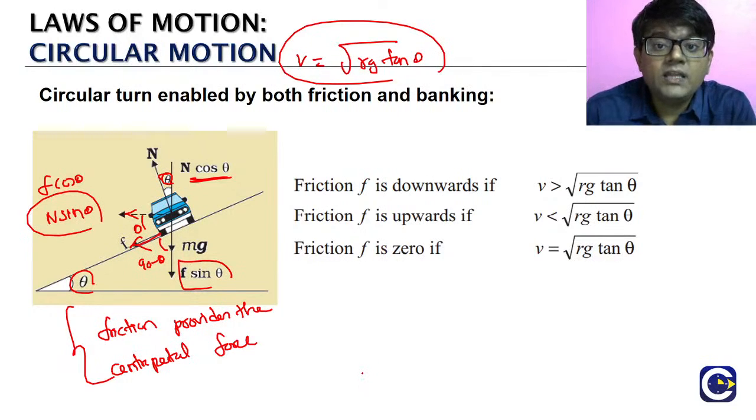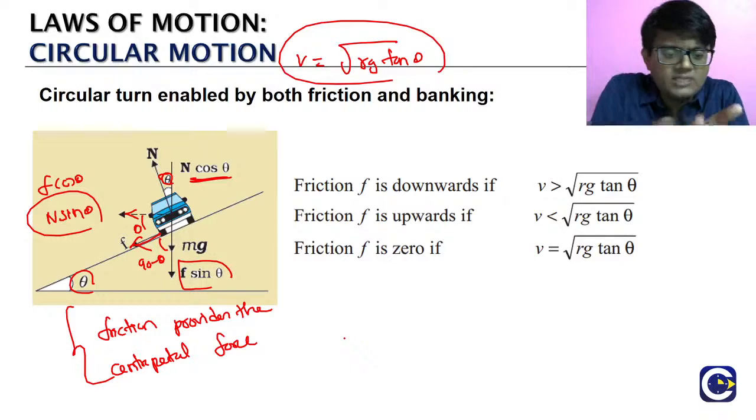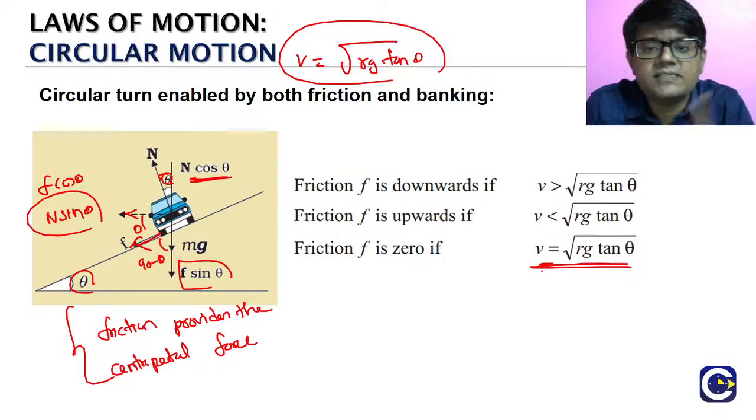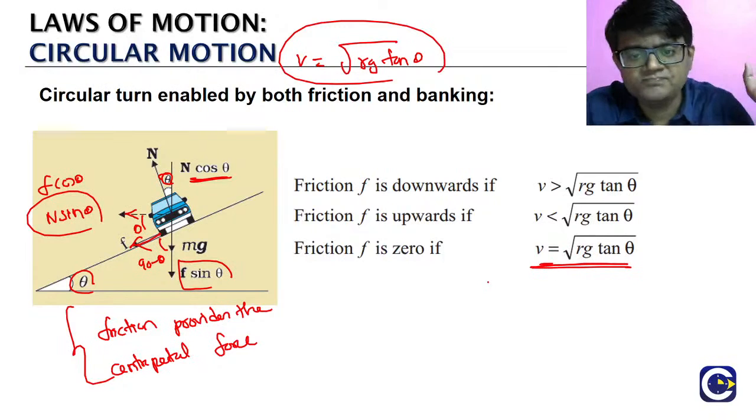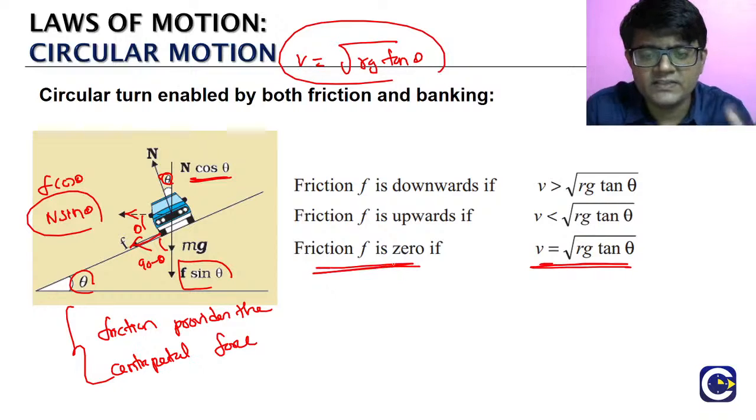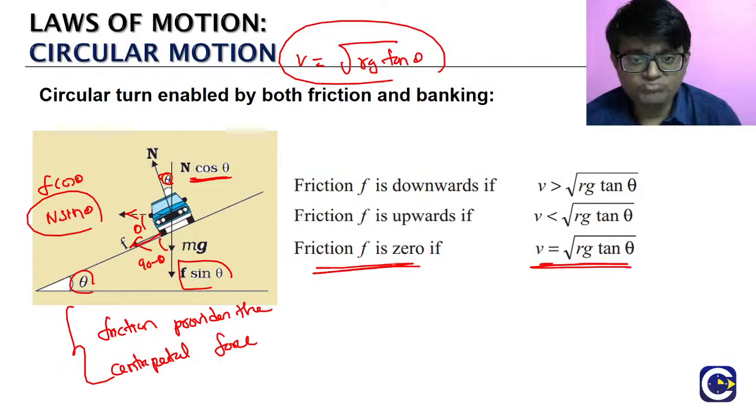So the friction itself will not arise, because we are talking about static friction, which is adjustable. We are talking about the static friction between the wheels of the car and the road. So if the velocity of the vehicle is exactly equal to root rg tan theta, will there be a friction? There will be no friction.